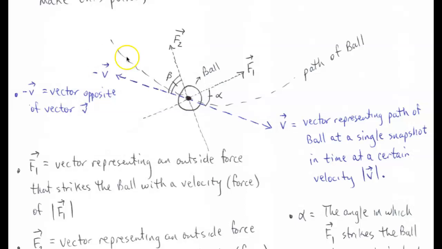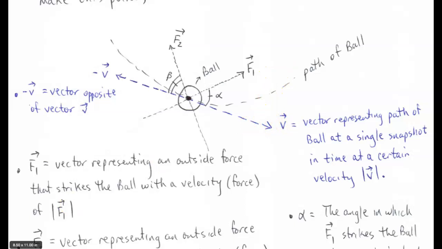The path of this ball I have here with this dotted black line. So you can assume that it's rolling downhill, and right at this point is getting to the bottom of the hill and is about to roll back up. So that's the idea of the ball here that we're talking about and its path.